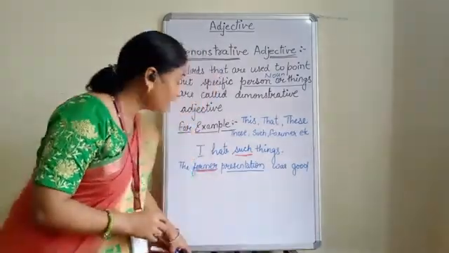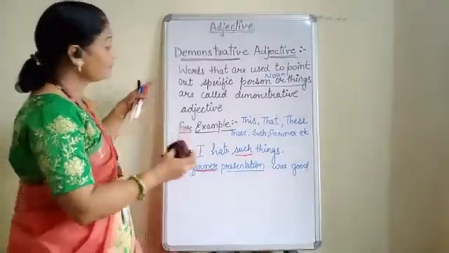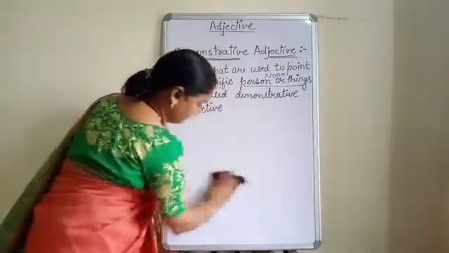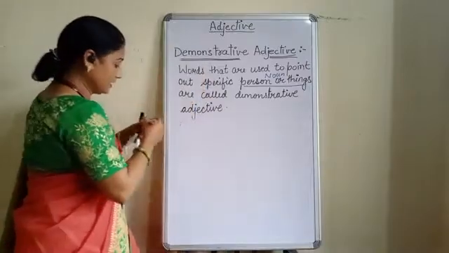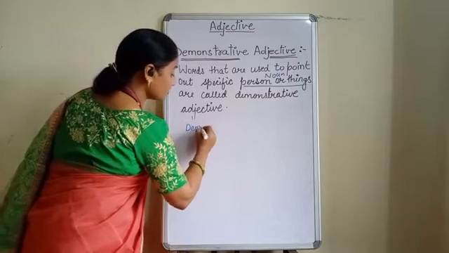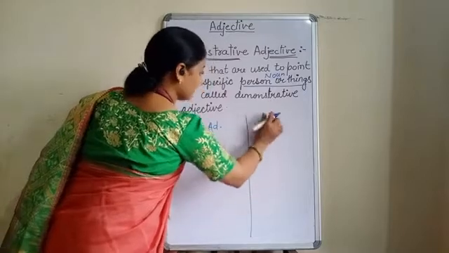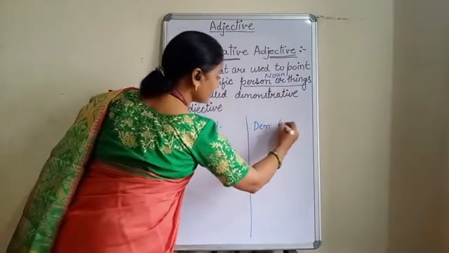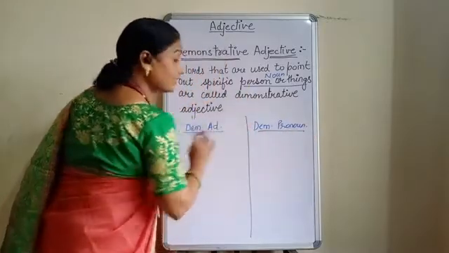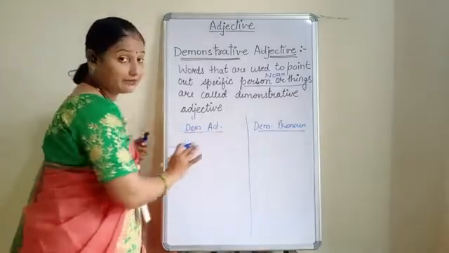Now see, I am just telling you the difference between demonstrative adjective and demonstrative pronoun. See, suppose if I write here demonstrative adjective and demonstrative pronoun. Clear? Now this, that, these, those. These words are used in both the demonstrative forms.